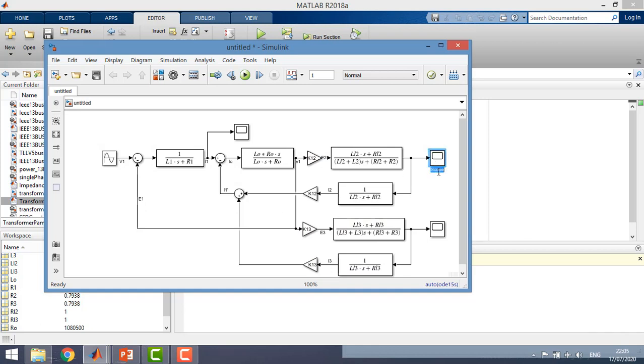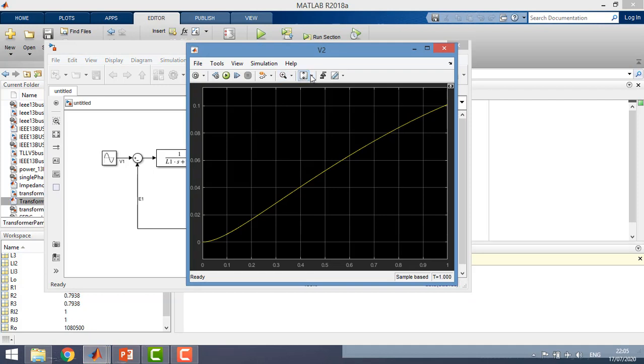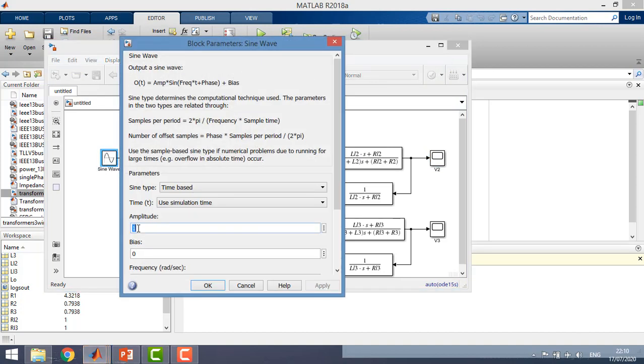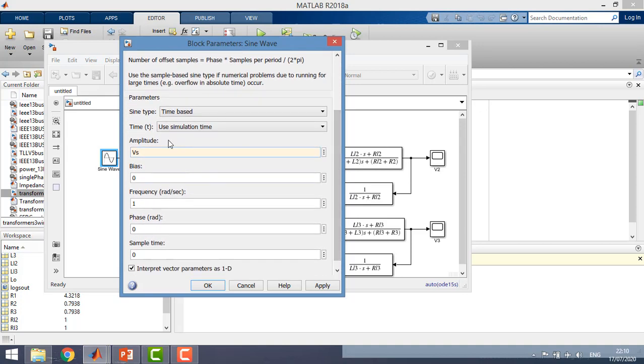So we have the secondary voltage V2, tertiary voltage V3, and that's what we get if we missed inputting the values of the source voltage.